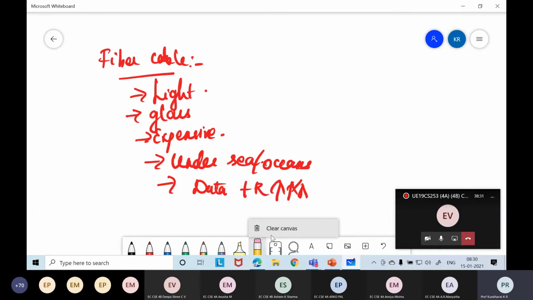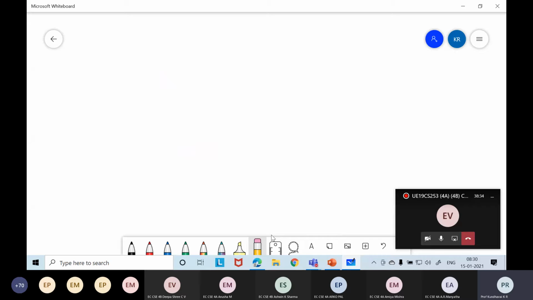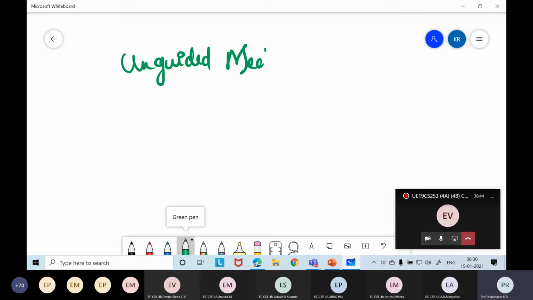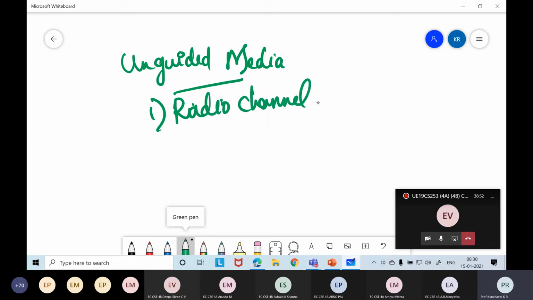When it comes to unguided media, as I've said, the first one is radio, and the second one is satellite.